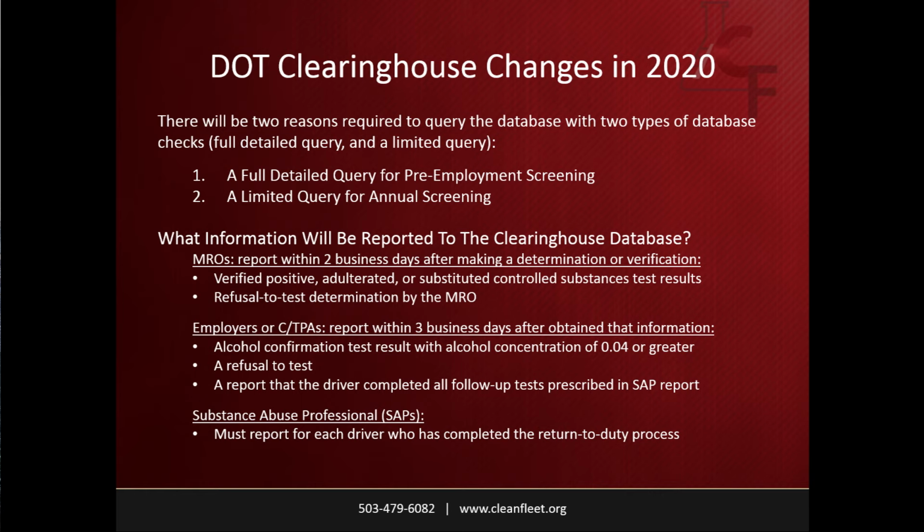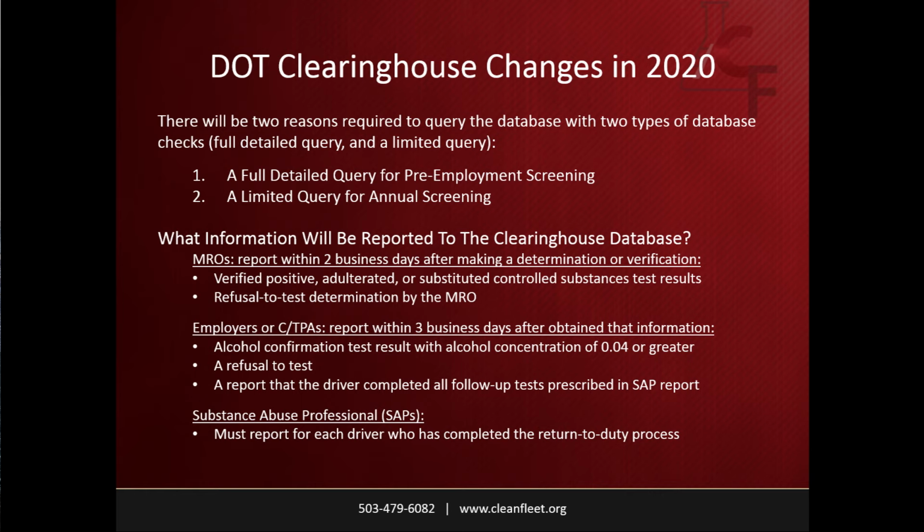So what's actually going to be reported to the DOT Drug and Alcohol Clearinghouse database? The SAPs are going to report for each driver who's completed the return to duty process, and then employers or consortiums and TPAs like Clean Fleet, they're going to report alcohol confirmed test results, a refusal to test, and a report that the driver completed all follow-up tests prescribed in the SAP report.